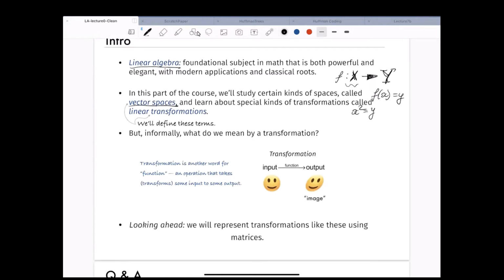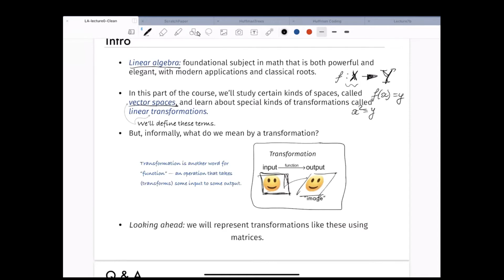Now here on my screen you see one example of a linear transformation, something that you might use in some game application, for example, or computer graphics or an imaging application. You take some object and you transform it in some way.